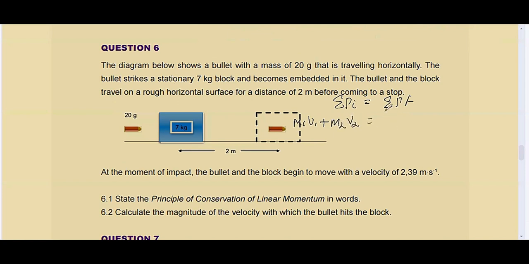But then finally they become one unit, so they move together as a unit, so they share the final velocity. So what is our mass here? 20 gram, not in the desired SI unit, so we need to say 20 divided by 1000. That gives us 0.02 kg, right?